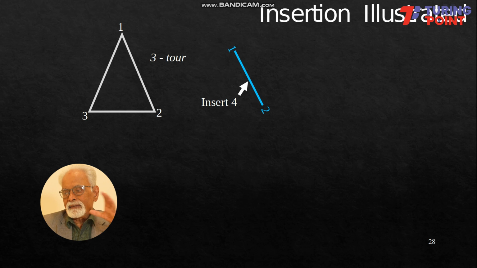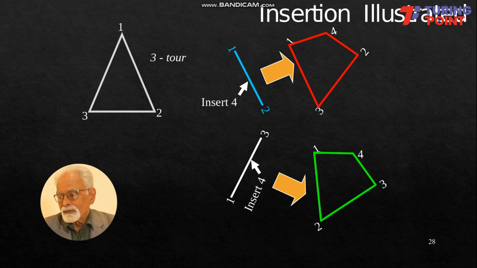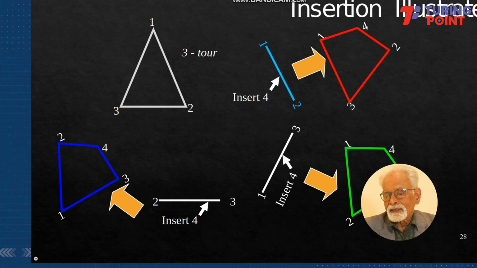So from a 3-tour, we are getting a 4-tour. That red tour is 1, 4, 2, 3. Now if you insert between 1 and 3, you get the green tour, which is 1, 2, 3, 4. And if you insert between 2 and 3, you get 1, 2, 4, 3, 1. That is the blue tour in this picture.